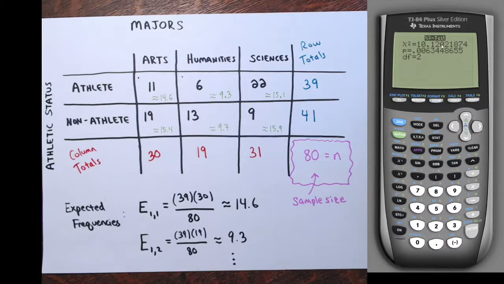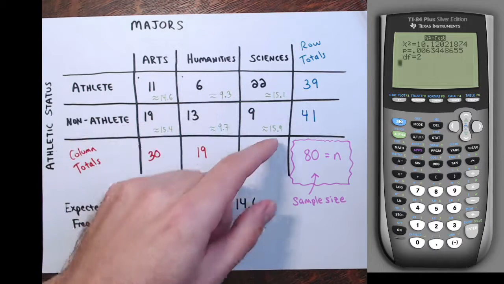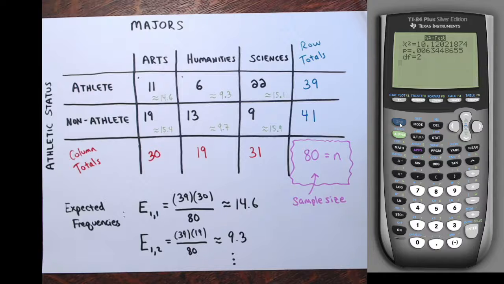So there's a test statistic, but what I wanted to show you was it also made a matrix with these expected values. Go back to the matrix menu and you see now matrix B is populated with a 2 by 3. Now you can enter matrix B on your main screen and hit enter and scroll around it and see them. I think the easier way is to go to edit into matrix B, and there you go.